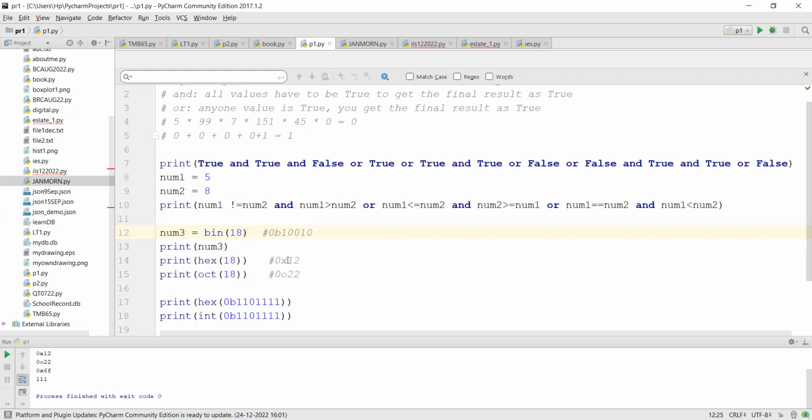Yes, no? Bala, you are saying something. Sir, how did we get 0x12 and 022?